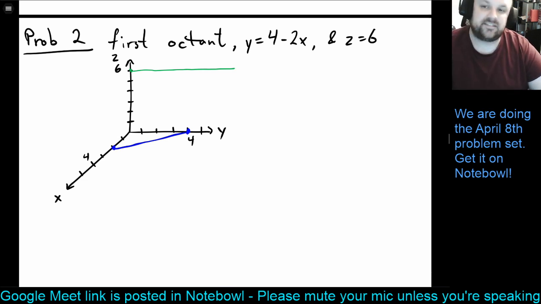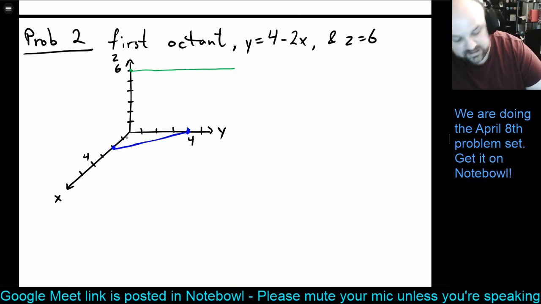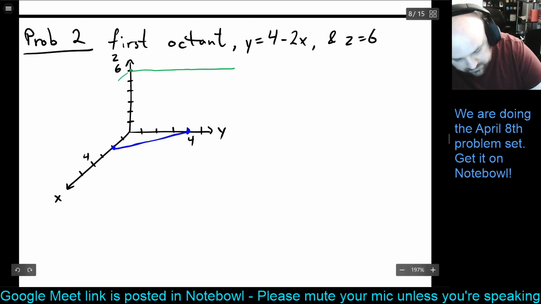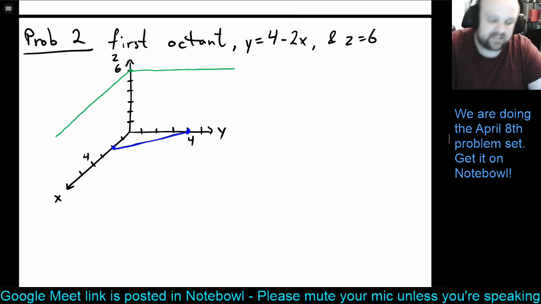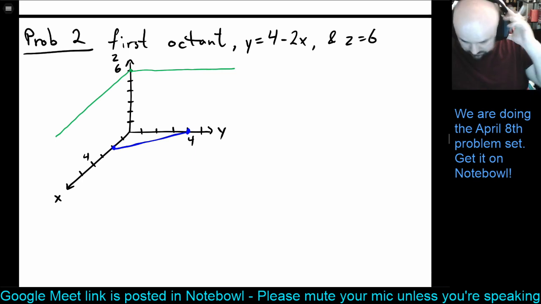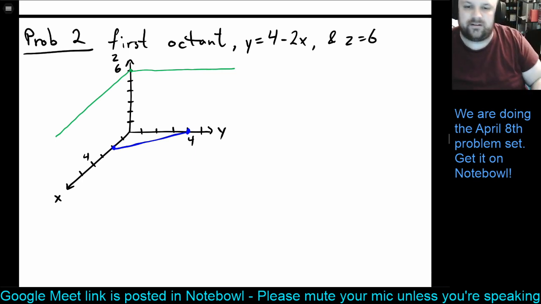Because it's going to intersect the xz plane in a line parallel to the x-axis. So from this point, we want to draw a line with that same slope. Right, so something like this. This is how it's intersecting the yz plane and the xz plane.